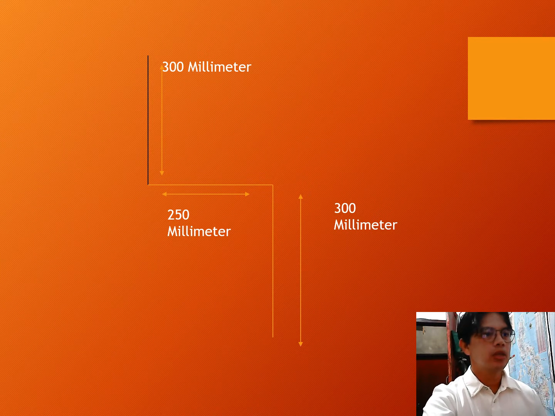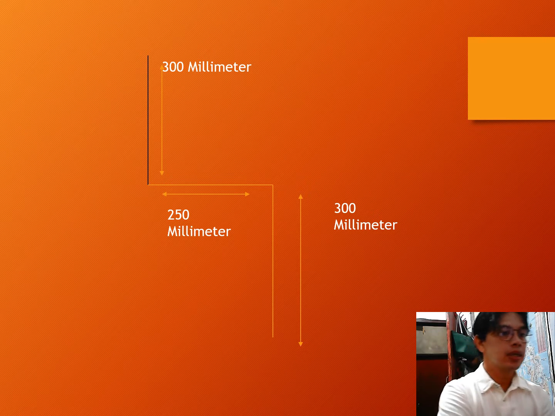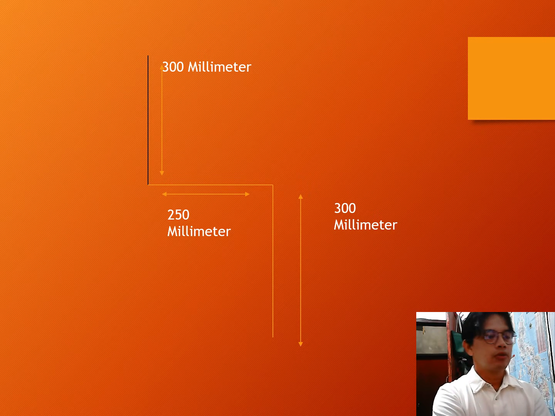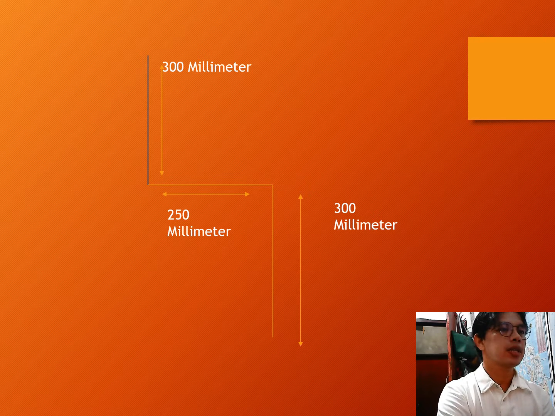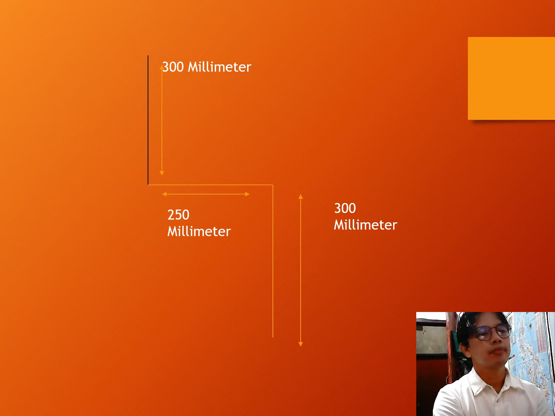So this will be your individual performance to be performed, and that would be the PVC. Vertical measurement is 300 mm, the horizontal is 250 mm, and then back to the vertical 300 mm.